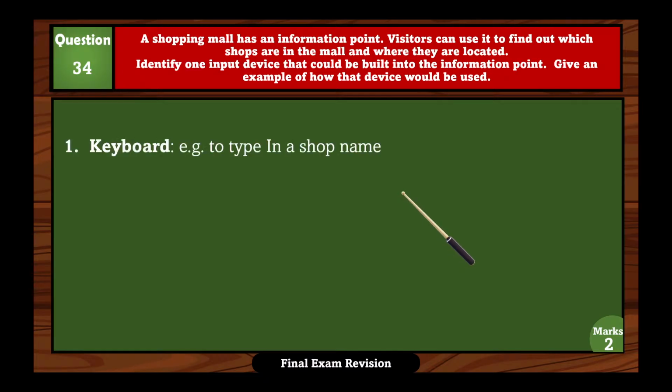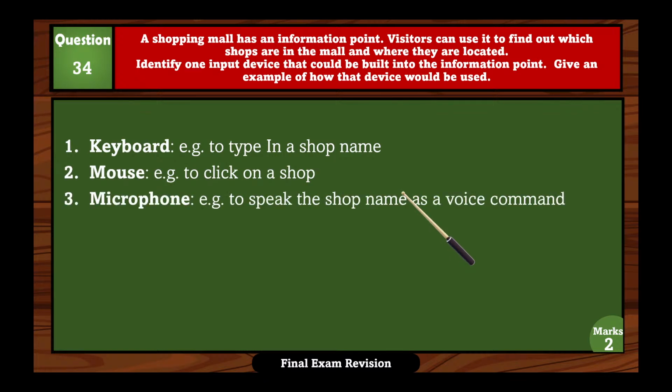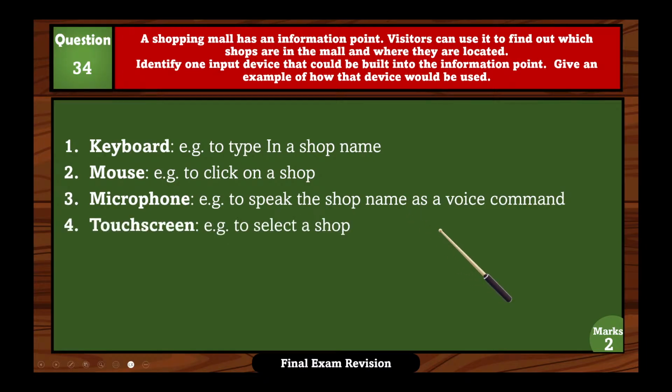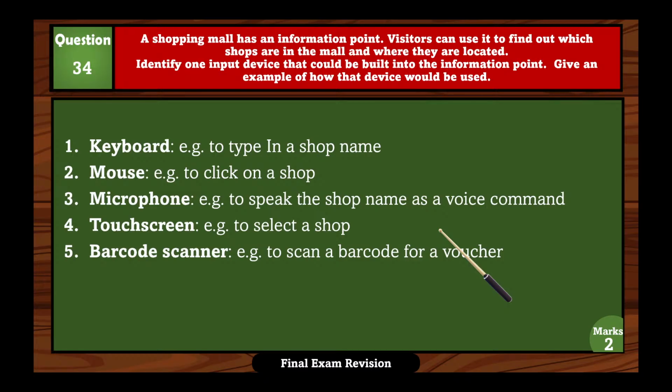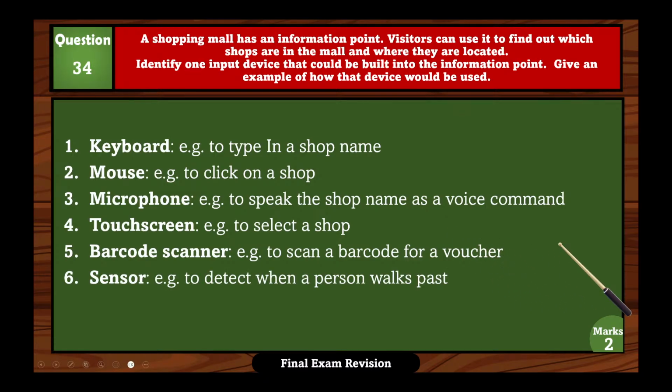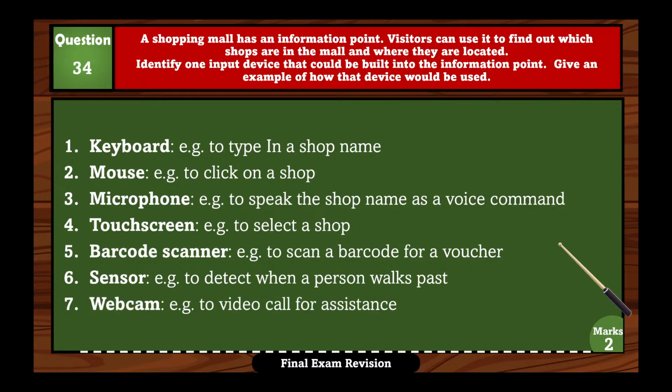So, a keyboard to type in a shop name, a mouse to click on a shop, a microphone to speak the shop name as a voice command, a touchscreen to select a shop, a barcode scanner to scan a barcode for a voucher, a sensor to detect when a person walks past, a webcam to video call for assistance. Okay, so it's a 2-mark question, so you can just choose any 2 devices from this answer and write.